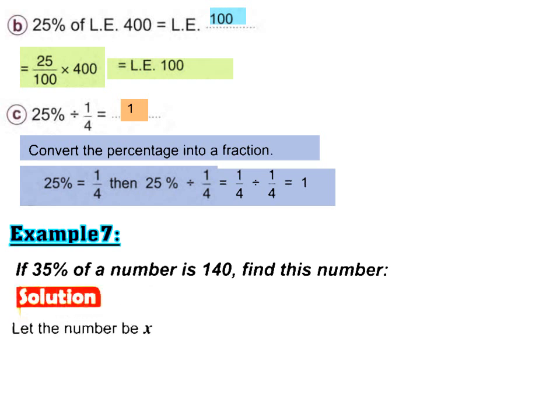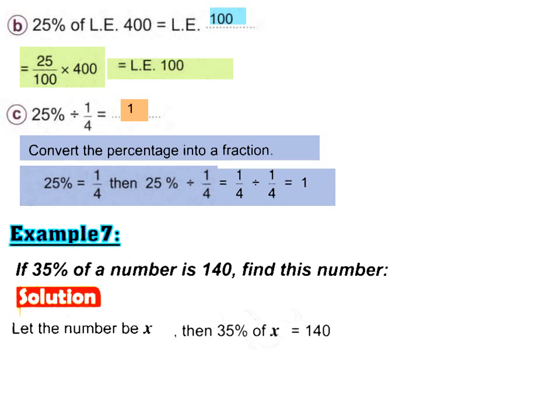Firstly, the solution: let this total number be represented by the symbol x. So 35% of x equals 140.